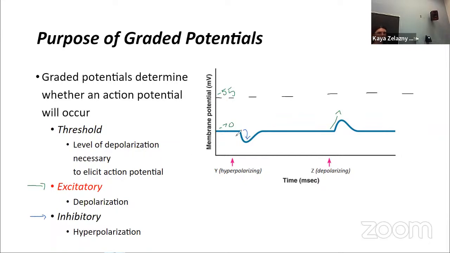We are hyperpolarizing. So hyper, we're making it more polarized. We're creating an even greater negative charge on this membrane. We're going to see these terms come back at the end after we talk about the action potential, when we start to talk about synapses and neurotransmitters and how they affect the next cell in the sequence.